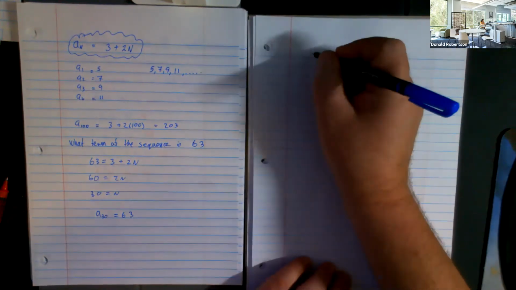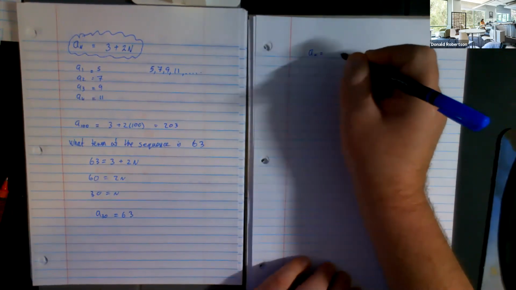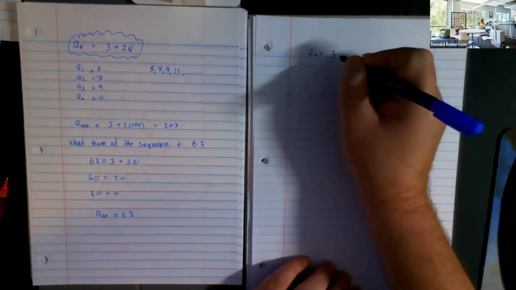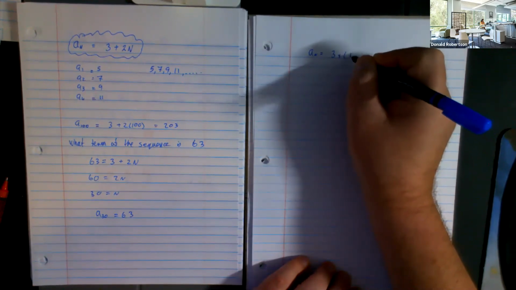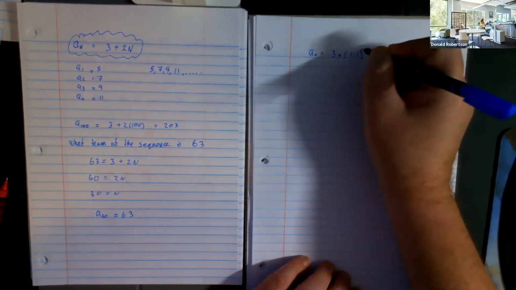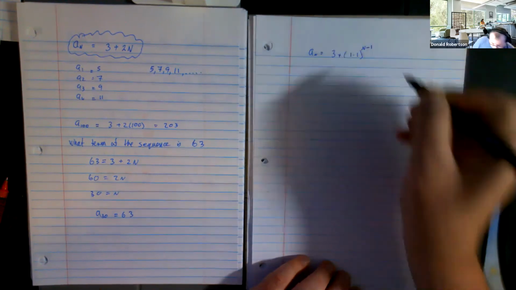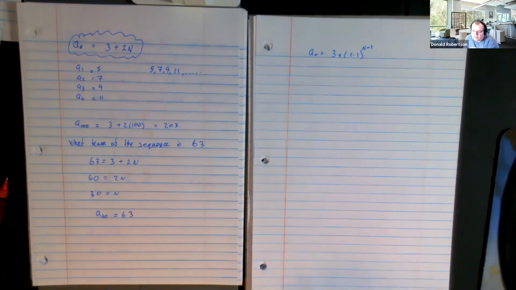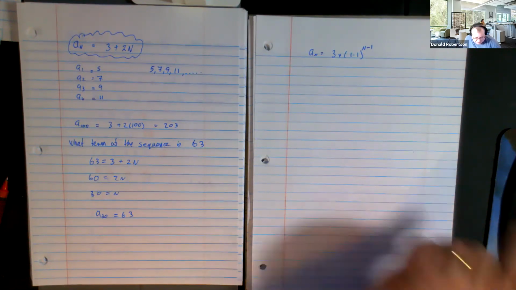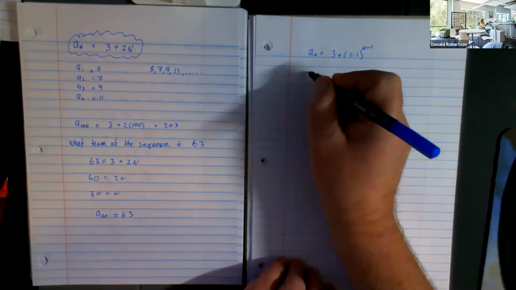So imagine I had a sequence and it was 3 times 1.1 to the power of n minus 1, which gives you a pretty ugly calculation, right? And I would like to get the first 5 terms.